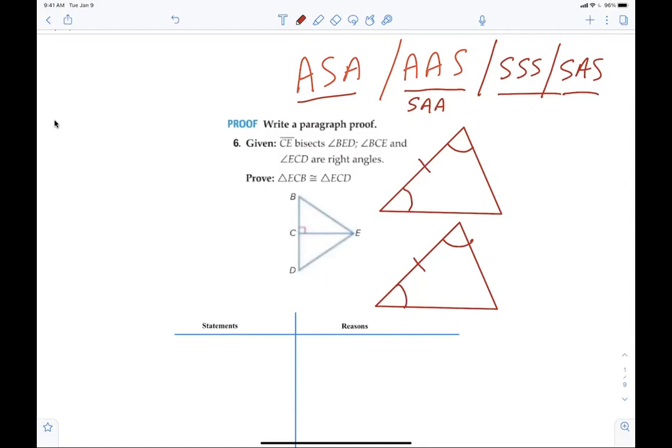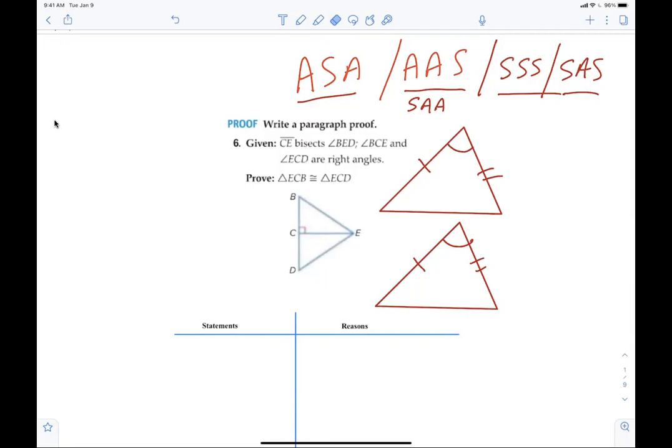Now, that one's a little bit easy. Side, side, side is a little bit easy. Now, side, angle, side, we did last week, would be something like this, where the angle must be between the 2 sides. That's what side, angle, side means.